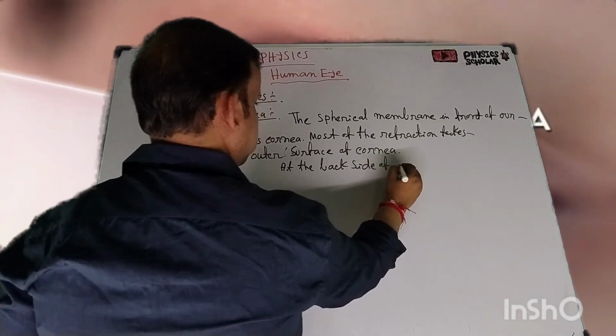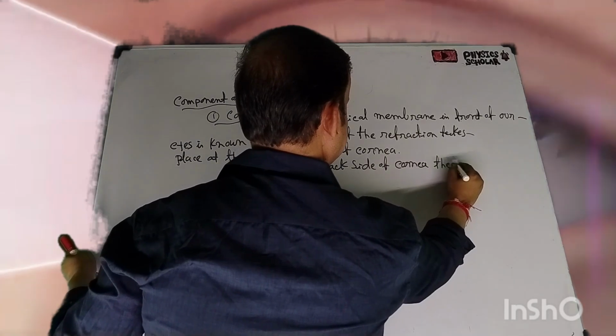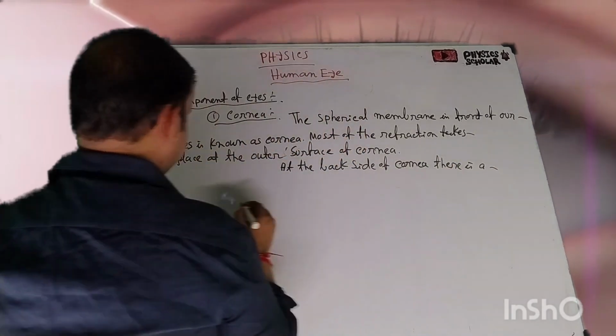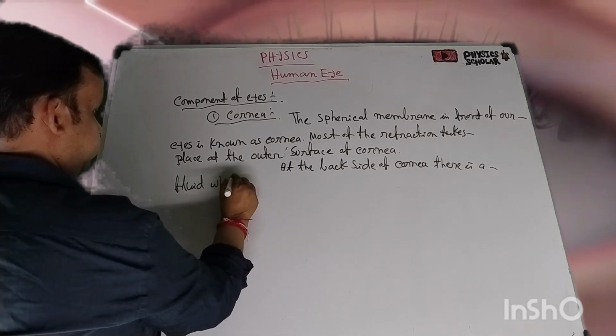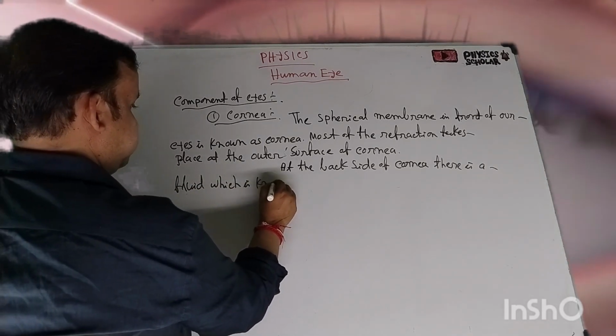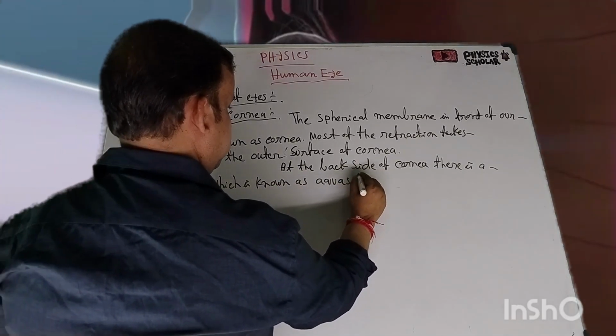At the back side of the cornea, there is a fluid which is known as aqueous humor.